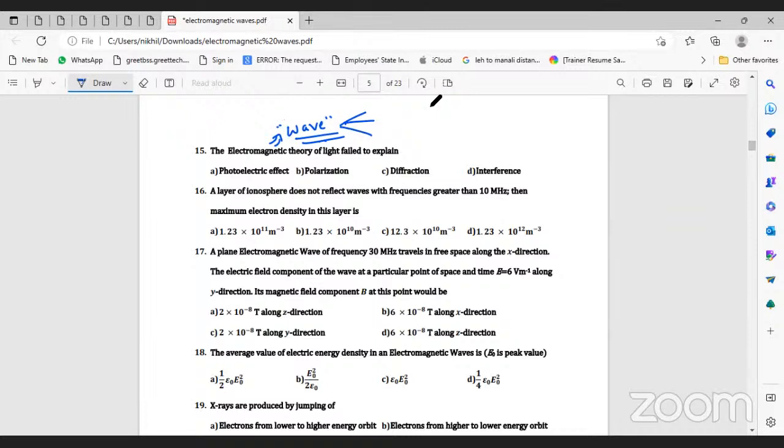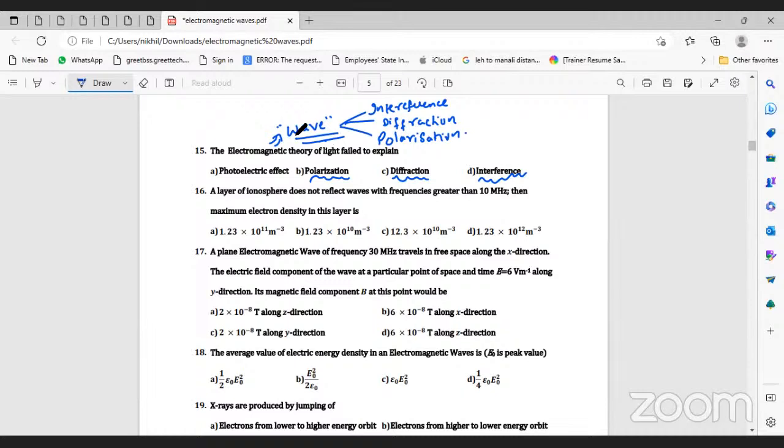You know that the wave phenomena are interference, diffraction, and polarization. So these are the three important phenomena in the case of electromagnetic waves.